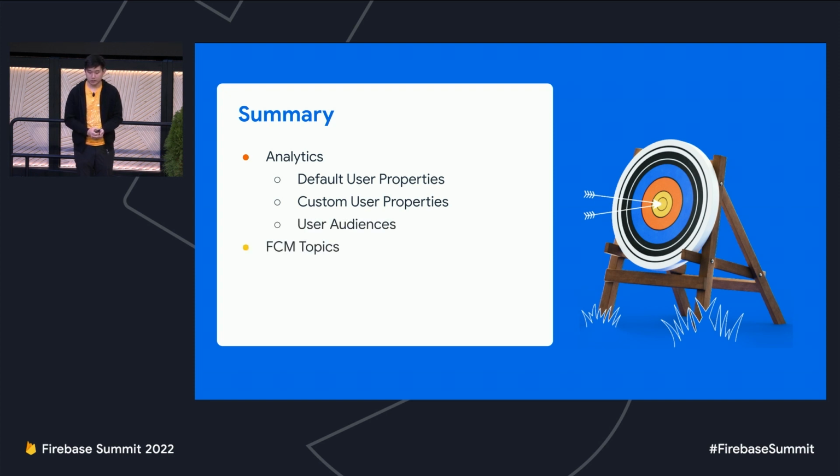Then we saw how we can send messages to topic subscribers via client-side subscriptions using FCM topics. And finally, we were able to leverage server-side analytics in order to identify, label, and import these segments of our user base into BigQuery for targeting through imported segments. Using these tools, you're able to build and deploy your solutions within just a few clicks and just a few lines of code.